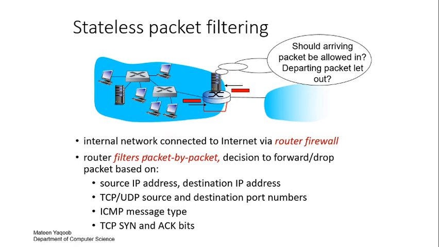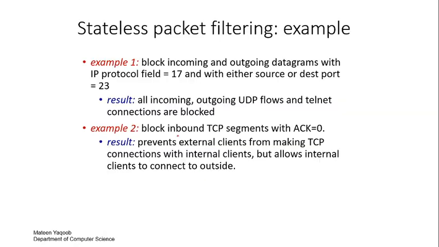The router filters packet by packet, and decides to forward or drop the packet based on the source IP, the destination IP, the source port number of TCP or UDP, ICMP message type, and TCP SYN and acknowledgement bits. So it will allow or deny the packets based on these criteria.